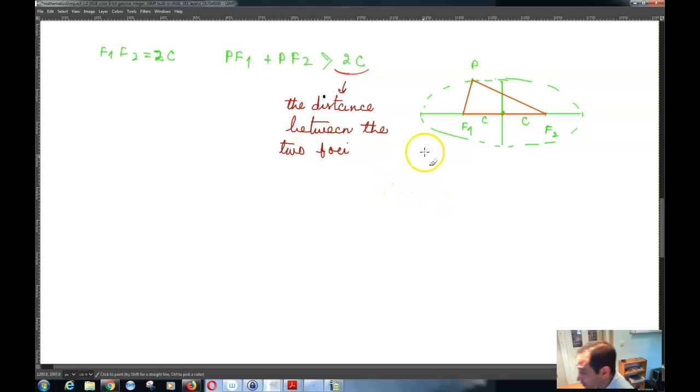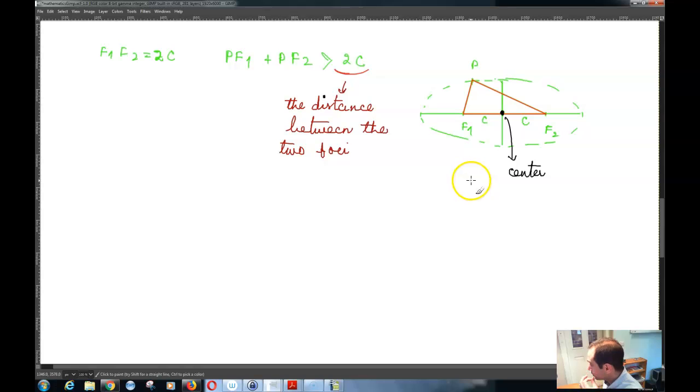And then there is something over here. This point over here, which is the midpoint of the two foci, or basically the midpoint of the line segment joining the foci, is called the center of the ellipse.